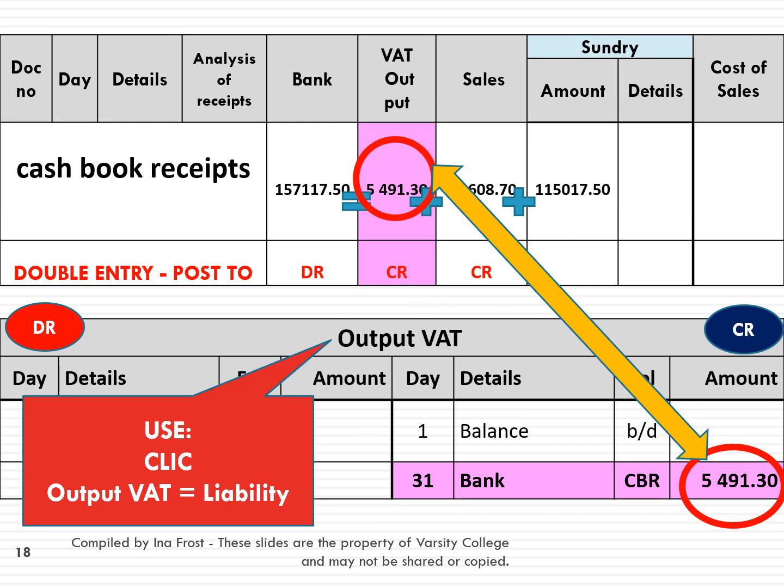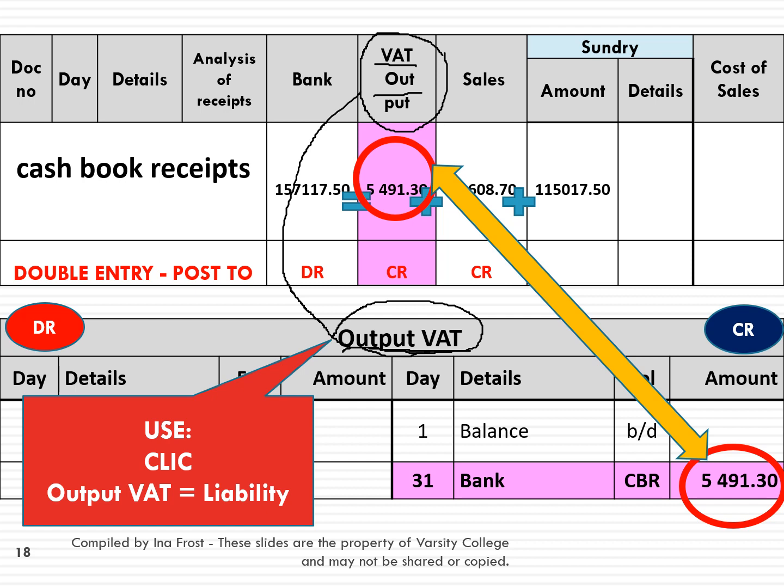Okay, so the first of these credit entries that we're going to make comes from the VAT output column. And once again, you can see in the general ledger, I'm working in the output VAT account in the general ledger. So once again, you can clearly see that the name up here of the column matches exactly to the account name in the general ledger.